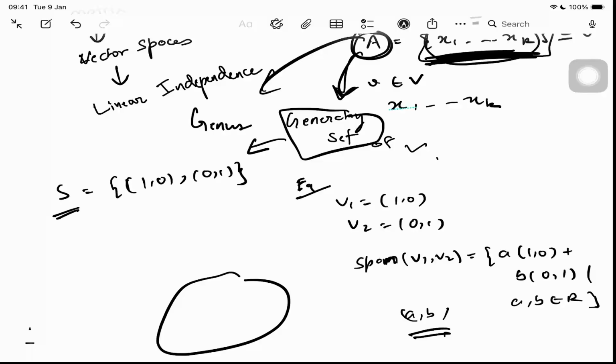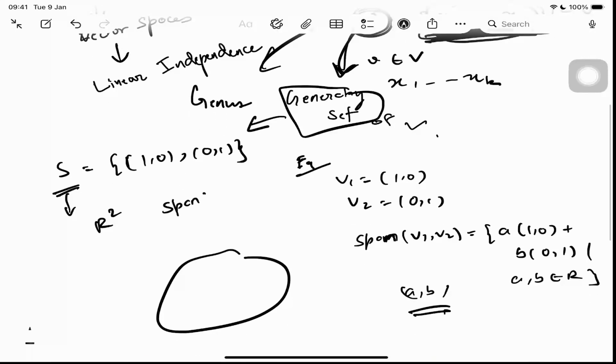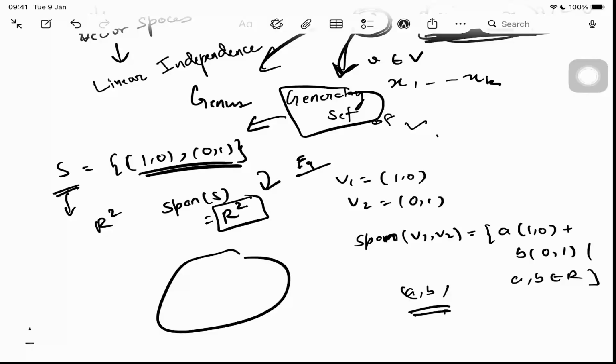In this, S is the generating set for our two-dimensional space, whereas the span of S is this: we can get any vector in two dimensions using this. So the span becomes R squared, I mean the two-dimensional space, and S is the generating set since we are generating the whole space from this.